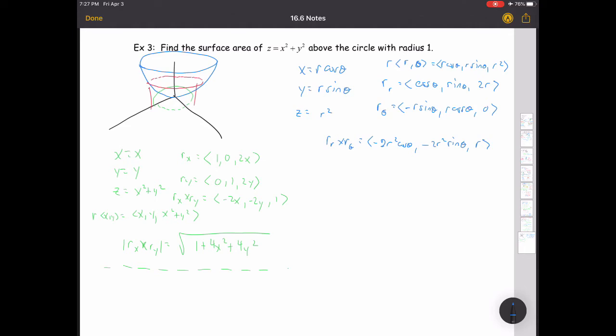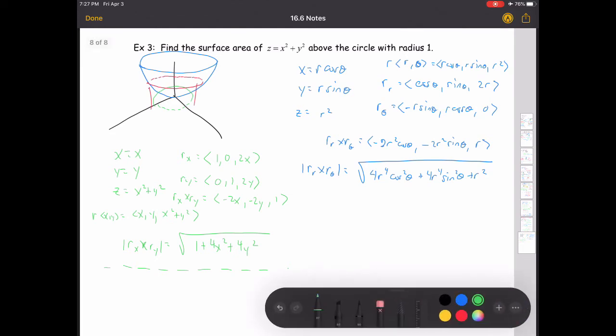So then we're going to need to take the magnitude of that. All right, so we'll take the square root. Squaring the first one, we're going to get 4r to the fourth cosine squared theta plus 4r to the fourth sine squared theta plus r squared.